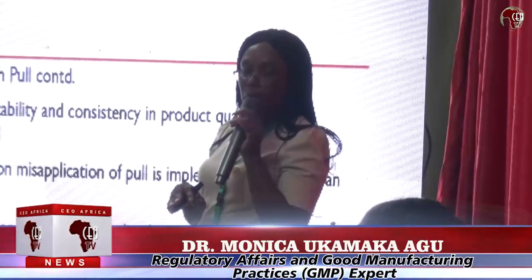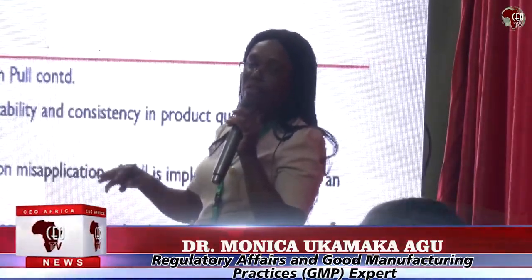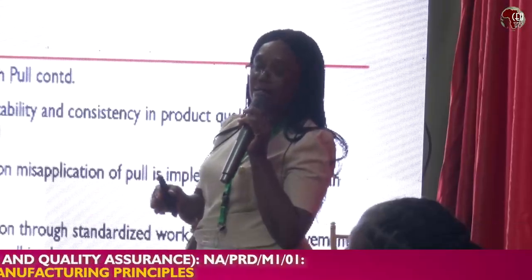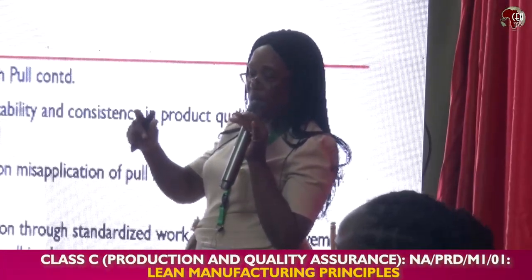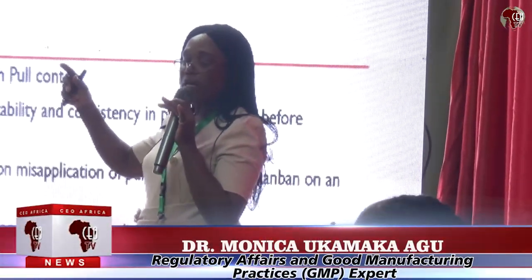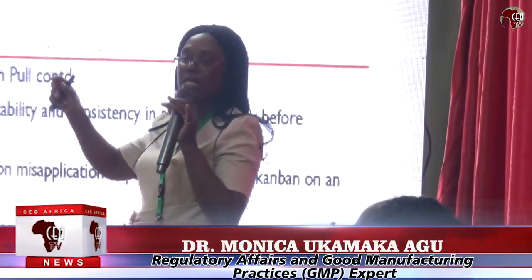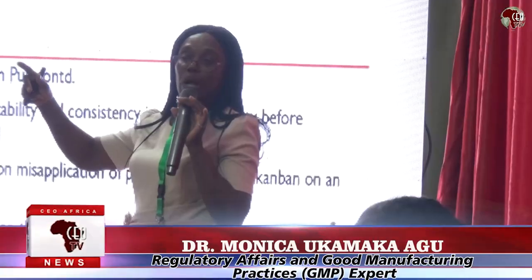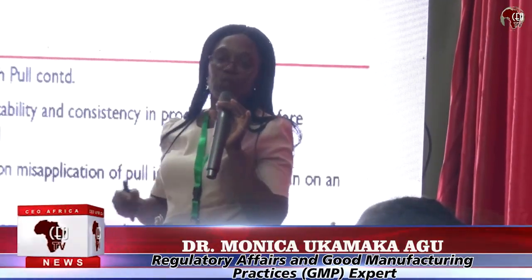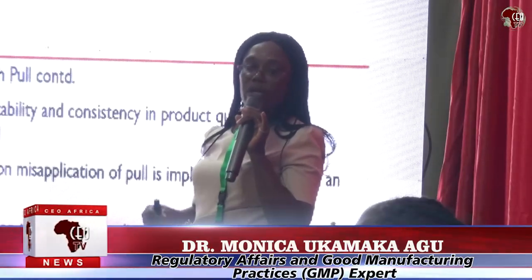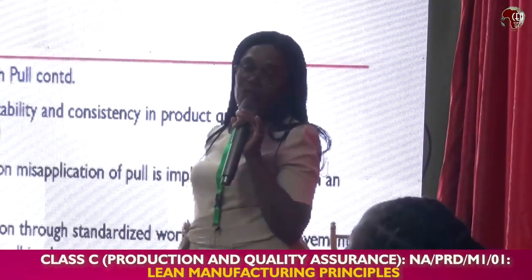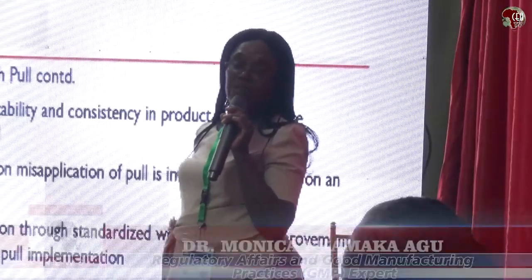So your process validation, everything has to be right, so that you're sure that when you start, if your time for granulation should be this, it should be consistent. If the tableting of a certain kilogram of tablets should take you this length of time, it should be that. Not that today you do it, tomorrow it varies because your process is not stable. And that shows that you didn't actually get it right in your process validation.